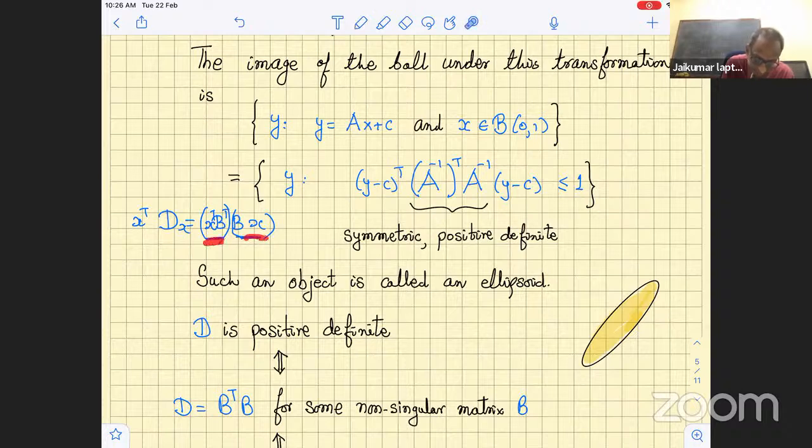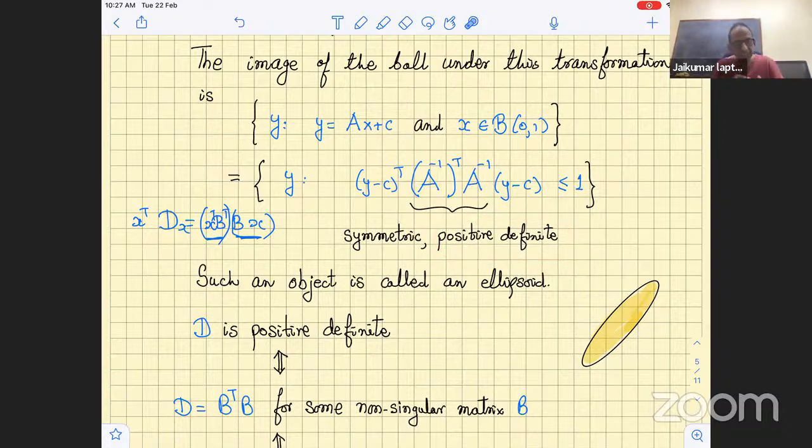Now, if x is non-zero and B is a non-singular matrix, so if A is non-singular, A inverse is non-singular, so B is non-singular, so Bx is a non-zero vector. And if you take a dot product of a non-zero vector with itself, it can never be zero. It will actually be a positive number. And that is what it means to say that the matrix is positive definite.